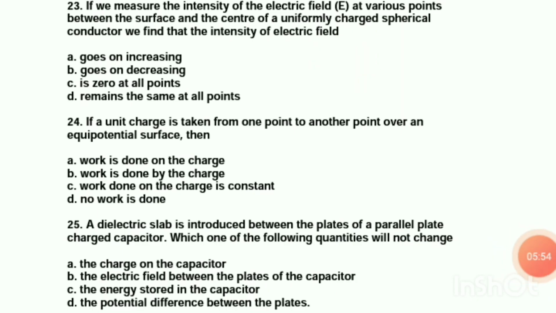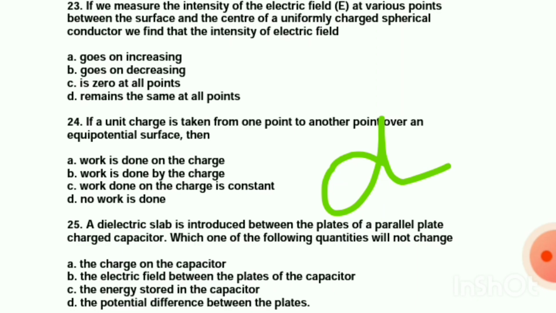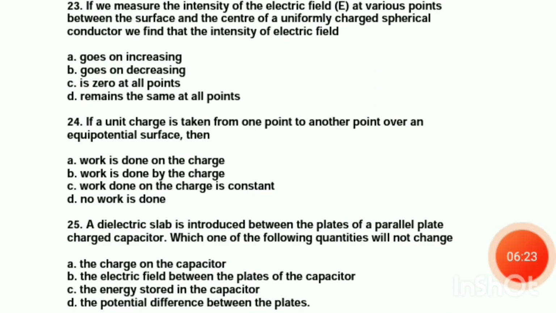அடுத்து if a unit charge is taken from one point to another point over an equipotential surface, then என்ன ஆகும்? ஒர்க் டன் ஆகுமா ஆகாதா? என்ன ஆகும்னா no work is done. அடுத்து a dielectric slab is introduced between the plates of a parallel plate charged capacitor. Which one of the following quantities will not change ன்னு கேட்டிருக்காங்க. The charge of the capacitor.